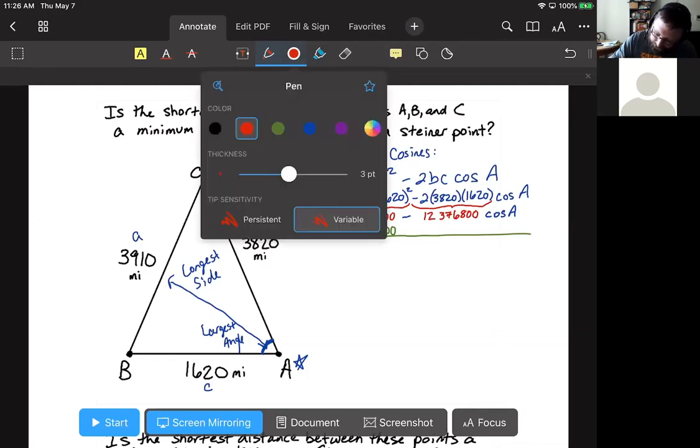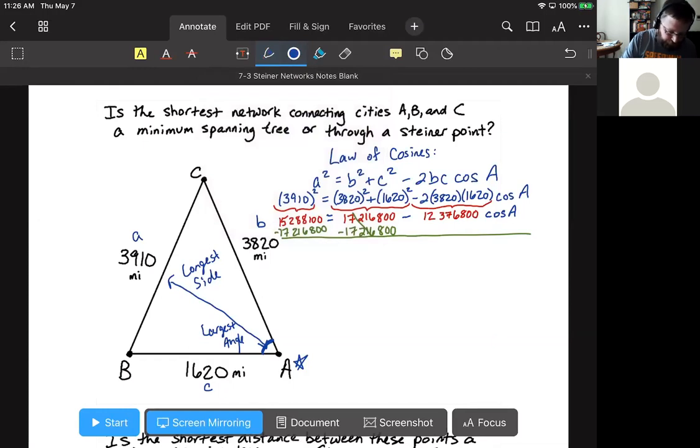That would give us 15,288,100 minus 17,216,800, negative, which is possible, 1,928,700, equals negative 12,376,800 cosine of angle A.